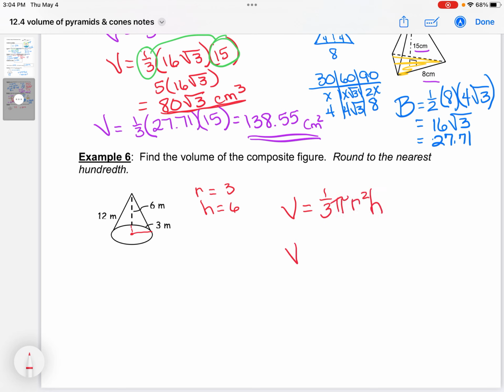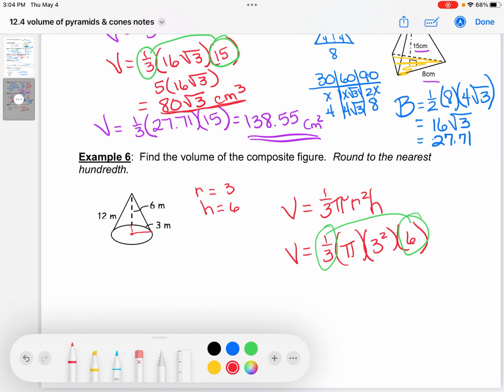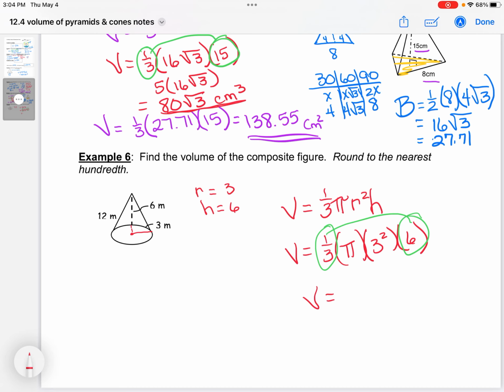So the volume is 1/3 pi r squared h. So the volume is 1/3 pi 3 squared times 6. Okay, I'm going to take 1/3 of 6, which is 2.